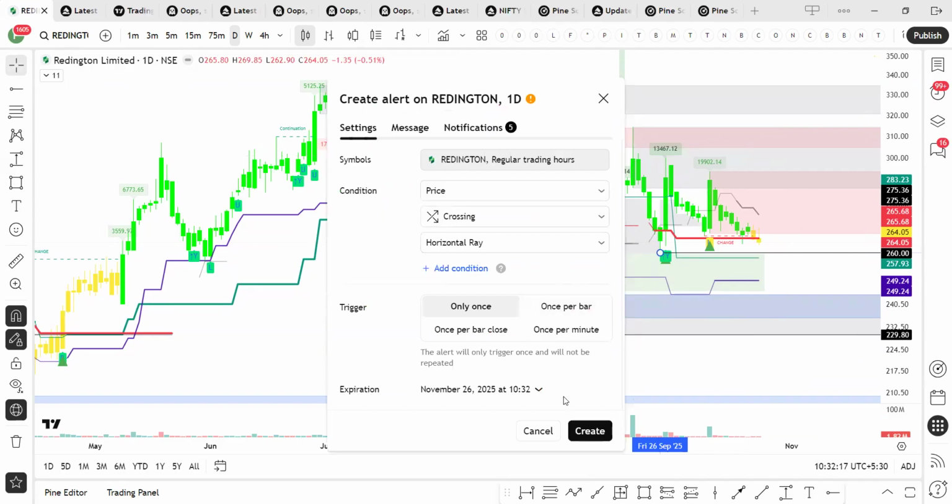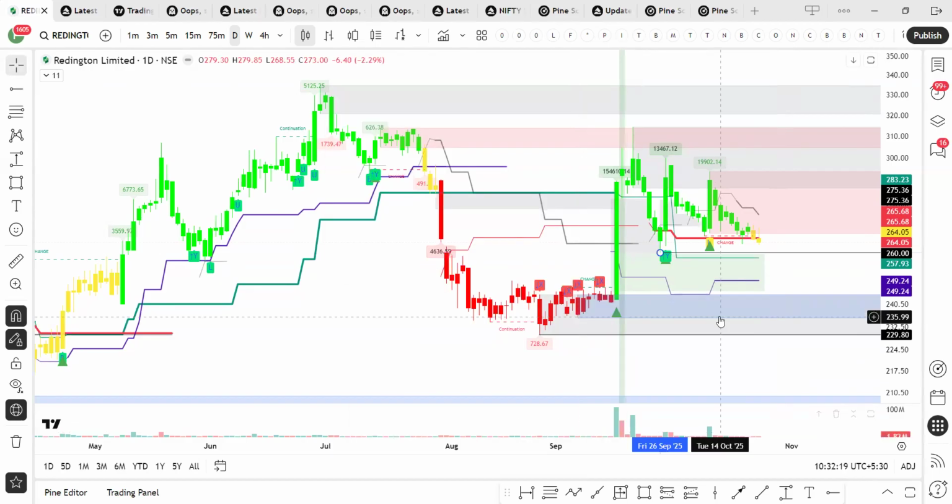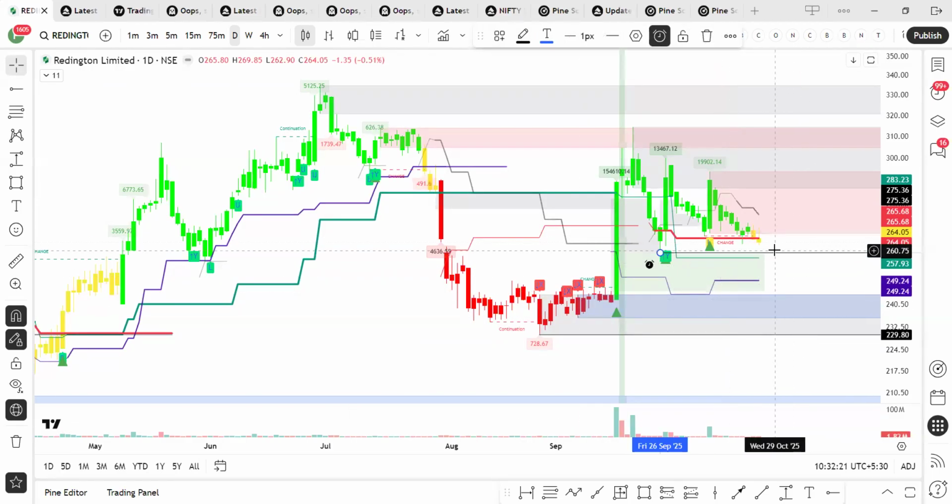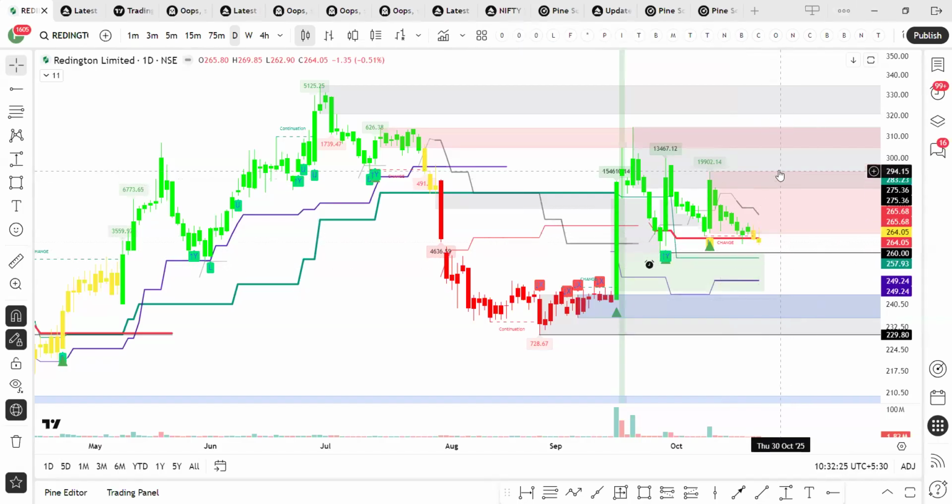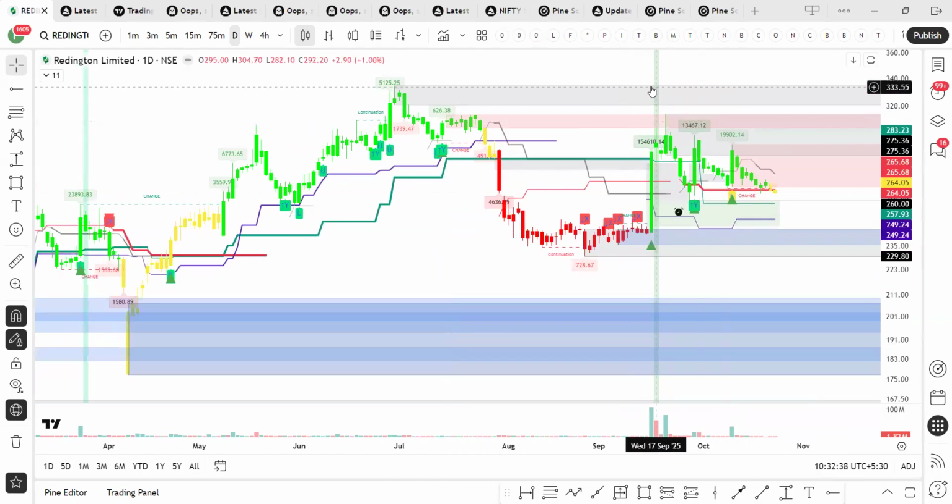Is the stop hunting done or not? If the stop hunting is done and it closes above, then it may go up again. If it closes above this, color will change to green. Again, there may be a retracement entry. So multiple possibilities are there. PFI number is favorable. Let's see what happens.